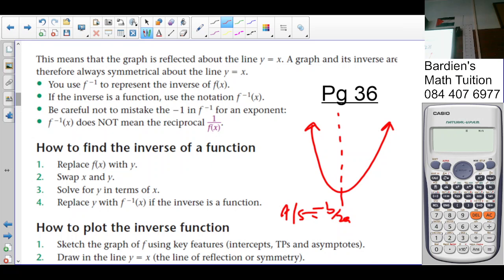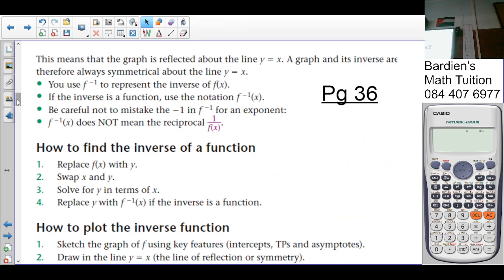Why do we draw that line? That line is our guide to show that what's on the left hand side of that line is equal to what is on the right hand side of that line. It's symmetrical. So if I take the distance from there to there, it's the same distance from there to there. You guys understand? Anywhere on that curve.